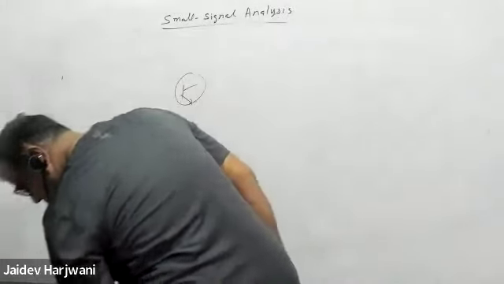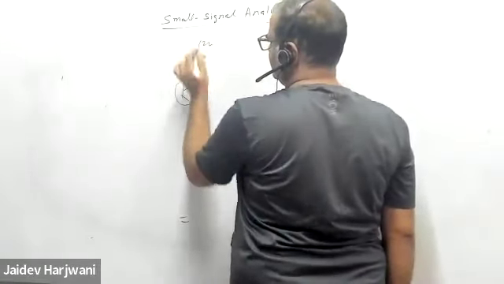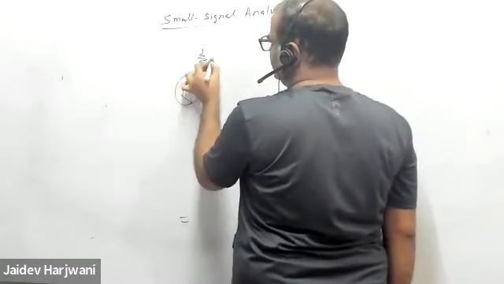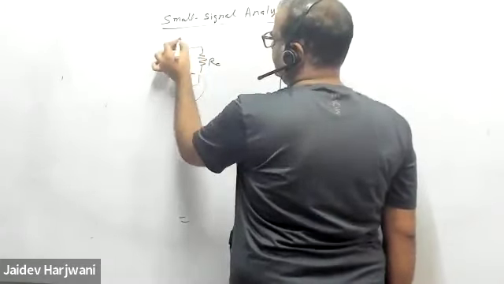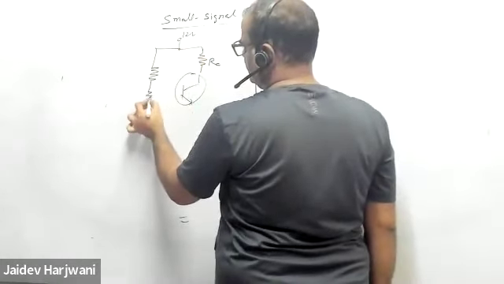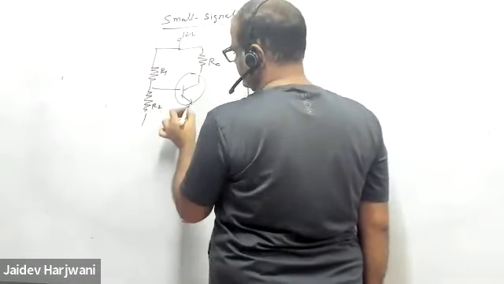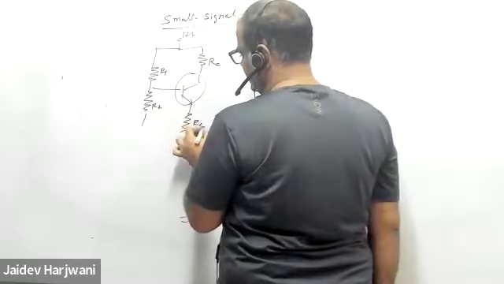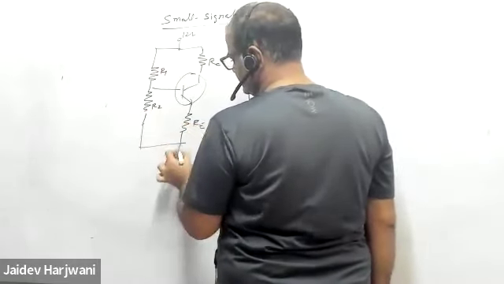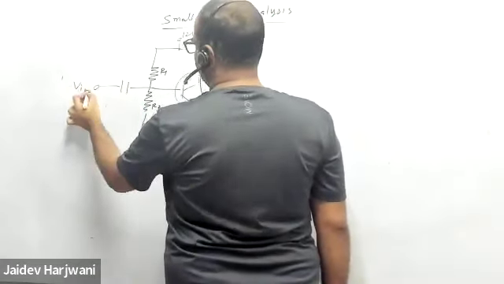The value is, say, 56 kilo. Here you have RC. Here you have 12 volt. Here you have R1, R2, RE. Here you have a V input.